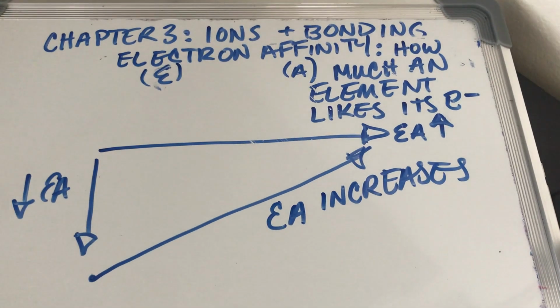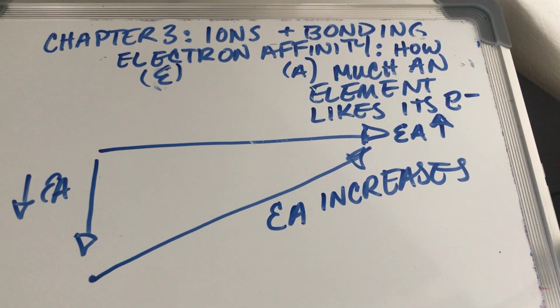Right? Everybody all right with me there? Any questions? So the affinity is just how much it doesn't want to lose an electron? Basically, yeah. So it trends the same way as the ionization energy, right?